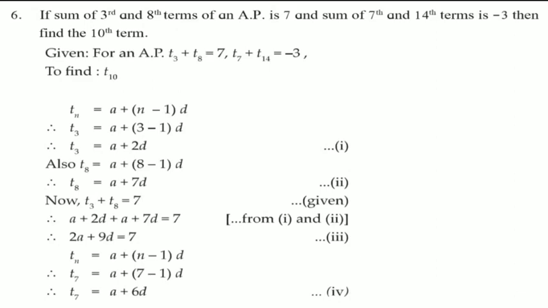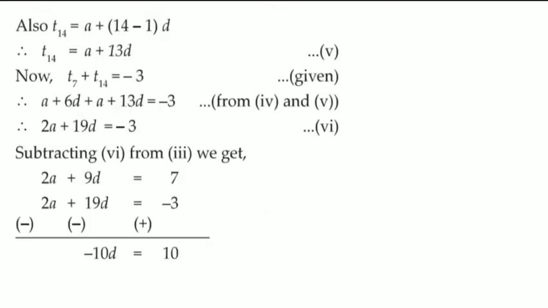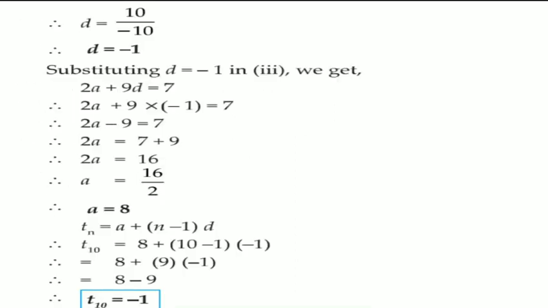Subtract and you are going to get the value of D. By using the value of D, you can find out A by substituting in any one equation, either 3 or 4.